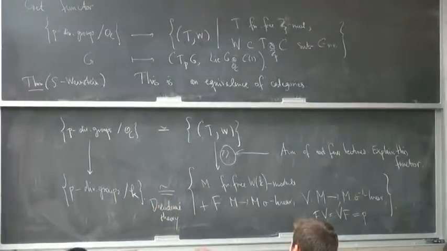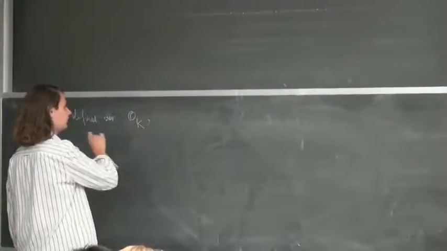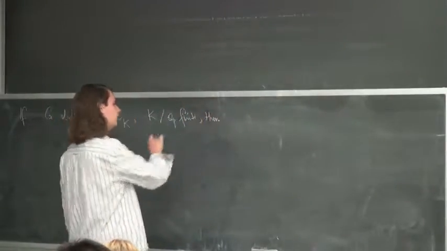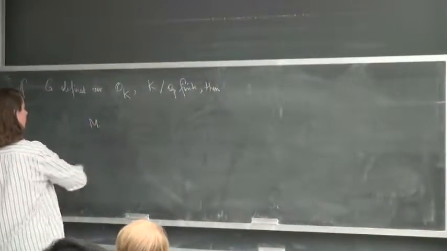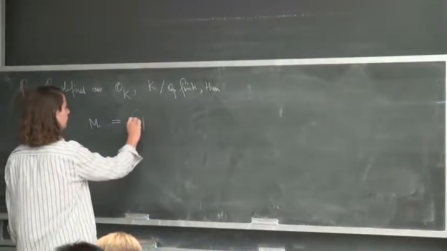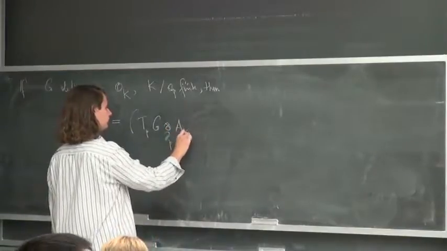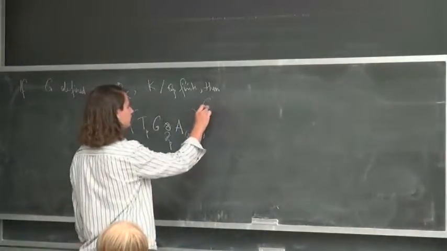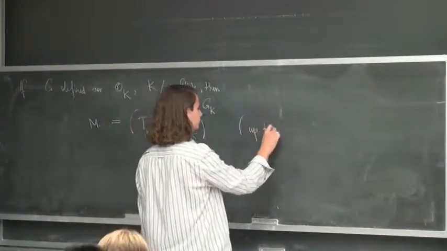And so, if G happened to be defined over the ring of integers of K, where K over Q_p, say, is finite, then you could recover the M as the p-adic Tate module of G tensored to the period ring A_crys, probably defined, and then take G_K invariants, at least up to p-torsion.